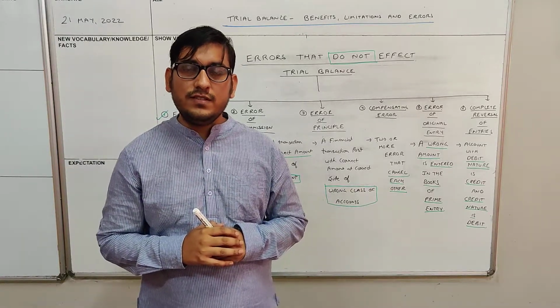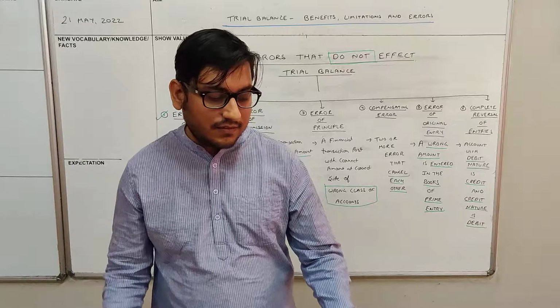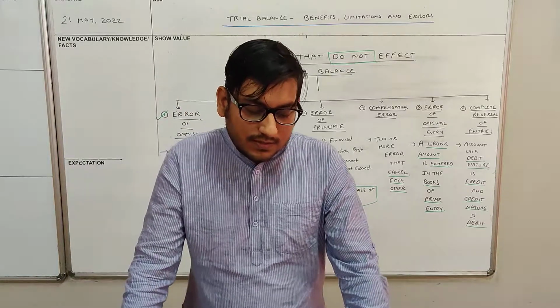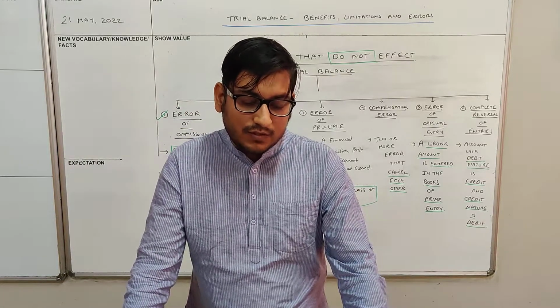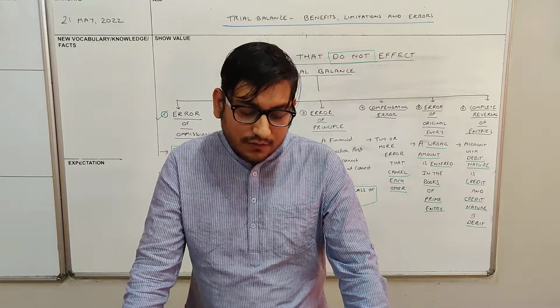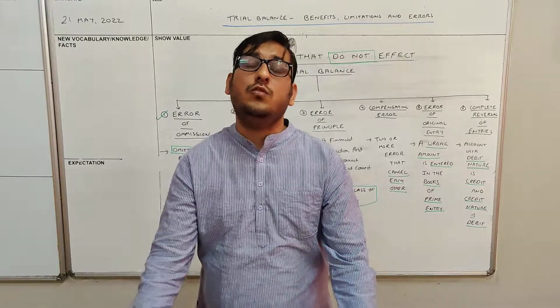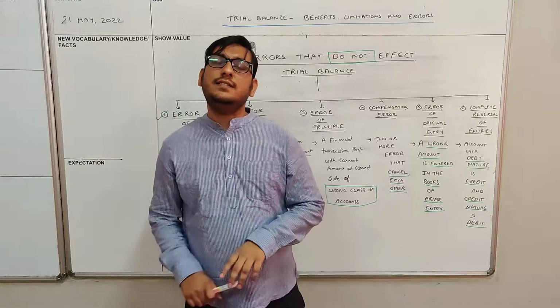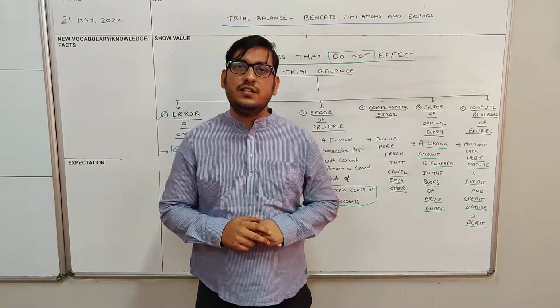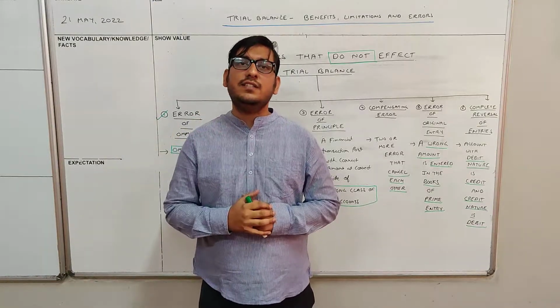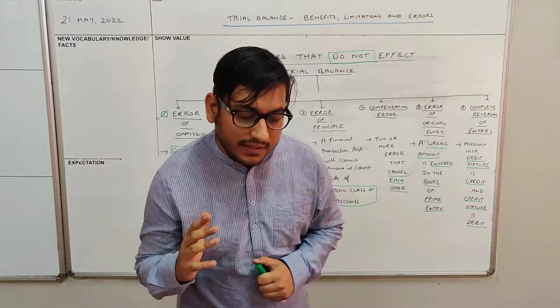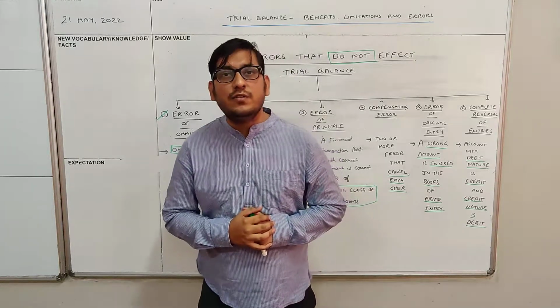Do you understand, students? So come to page number 67. We have the example. For example, a payment for stationery is posted to the advertisement account. So what they did is they made an expenditure for the stationery, but they wrongly debited the advertisement account.